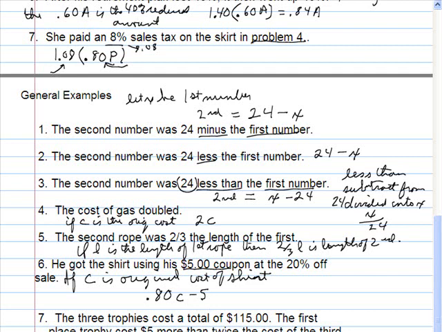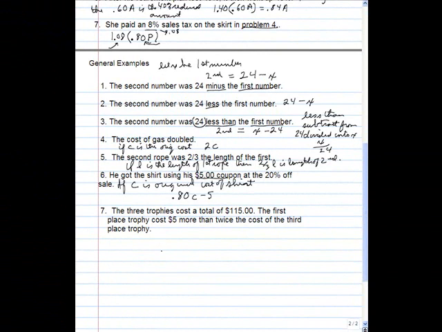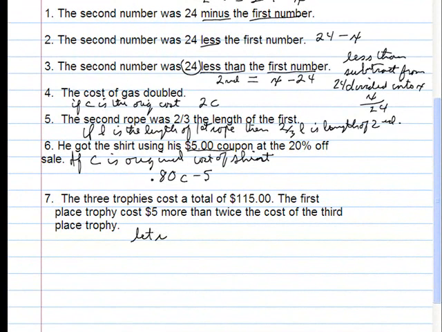The 3 trophies cost a total of $115. The first place trophy cost $5 more than twice the cost of the third place trophy. So how would I do the 3 trophy costs? So suppose I say let X be the cost of the third place trophy. Now we've got a hint about the relationship between the first place and the third place.